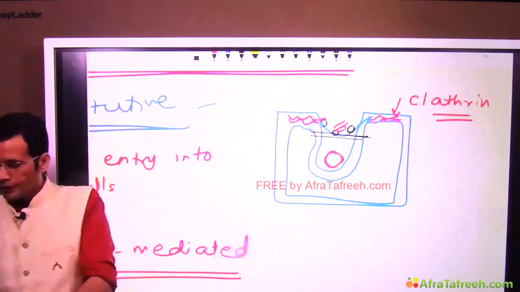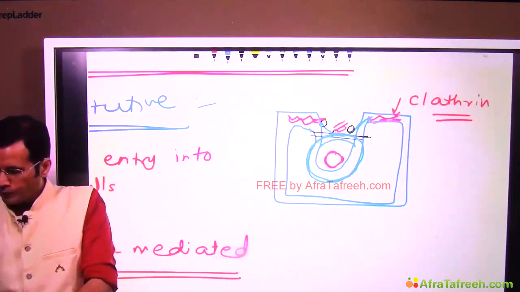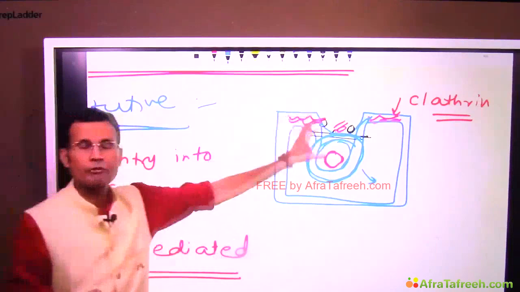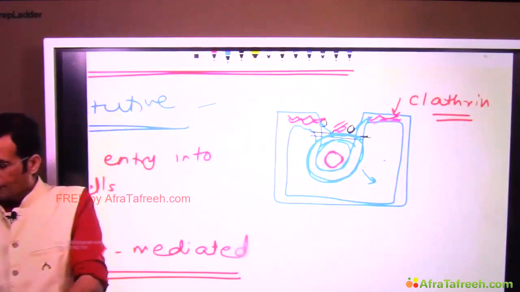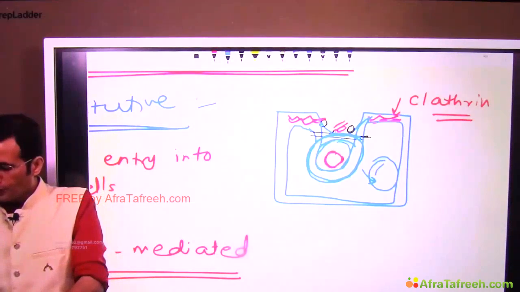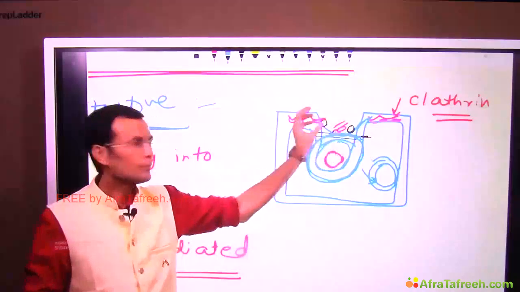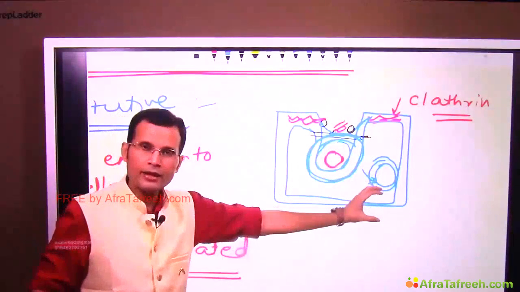And then this part of the membrane will be pinched off, pinched away from the membrane, so that a vesicle is formed inside the cell. The membrane will become normalized once again, and the substance is internalized.